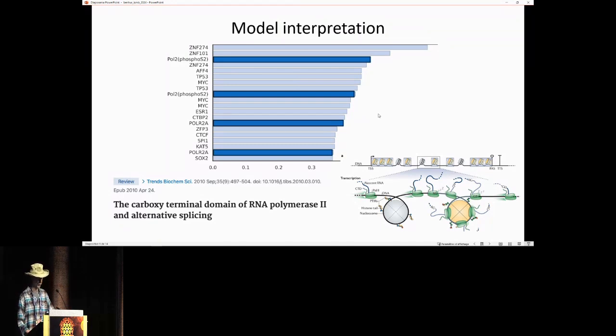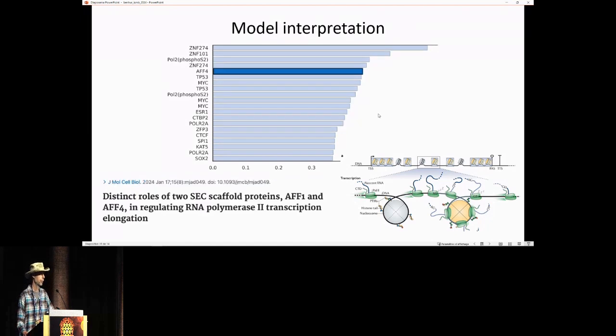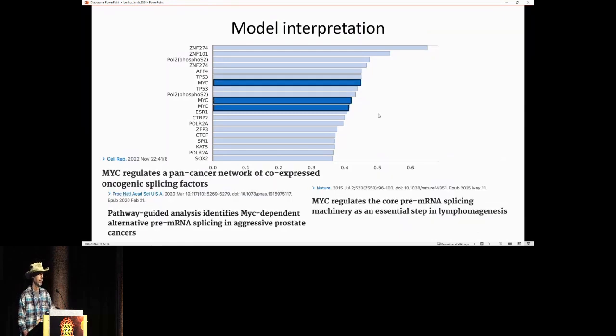So that's good that our model picked up on that. There's also AFF4, which is involved in regulating polymerase transcription elongation. So that is another positive case.